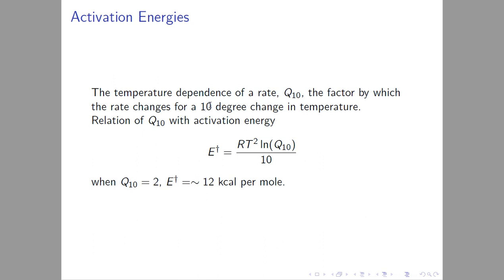If Q10 equals 2 and we put it into this equation, we get E dagger equal to 12 kilocalorie per mole. So in order to go from A to B, you need to exceed 12 kilocalorie per mole. If not, it is still in the A state.